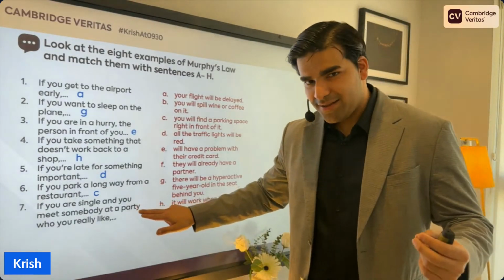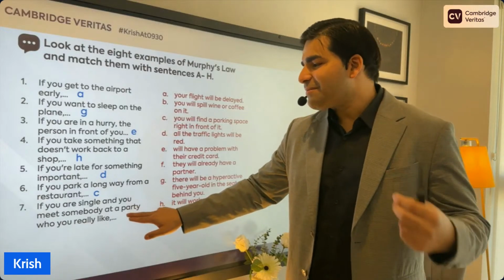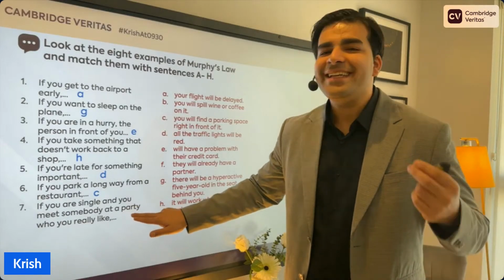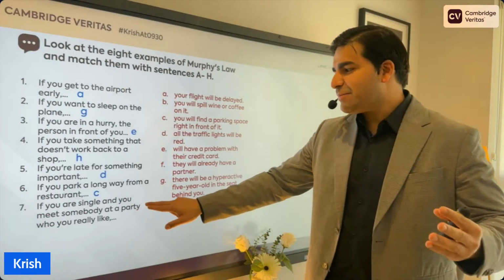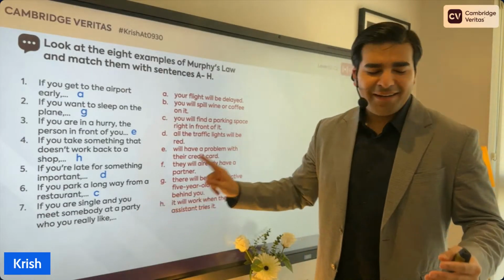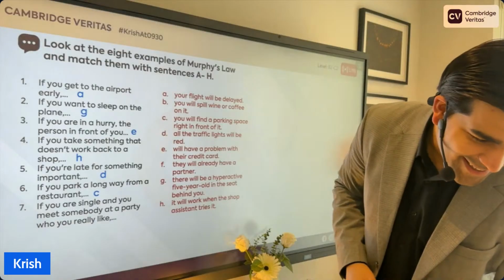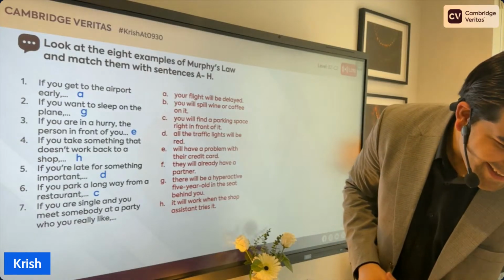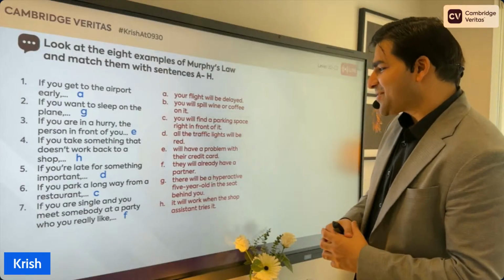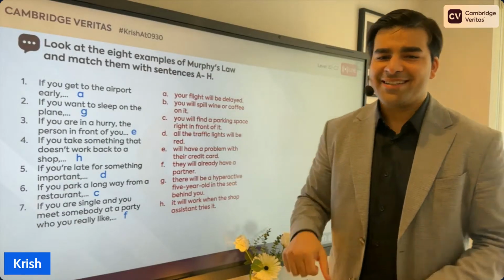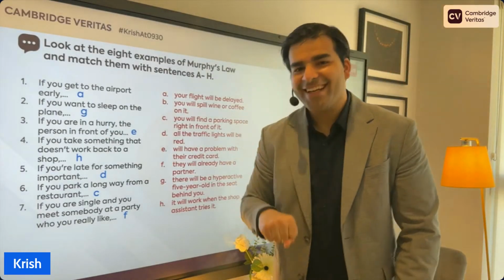Okay, second last sentence. If you are single and you meet somebody at a party who you really like. It happens so many times. I'm sure all those people who are single would be able to relate. What happens then? Seventh is F. All right, thank you, Nagashri. It is true. They will already have a partner, right?